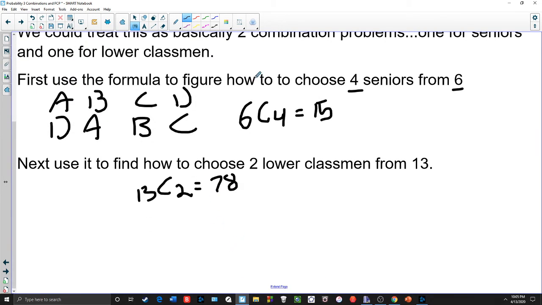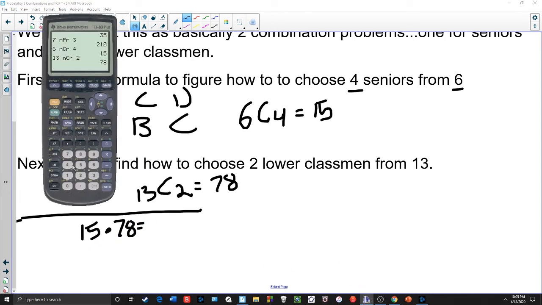The way I get my total number of combinations, the way I end it here, is I would do 15, which is the number of ways I can choose my seniors, times, not add, but times 78, which is the number of ways I can choose my lower classmen. So 15 times 78, and I get 1,185.